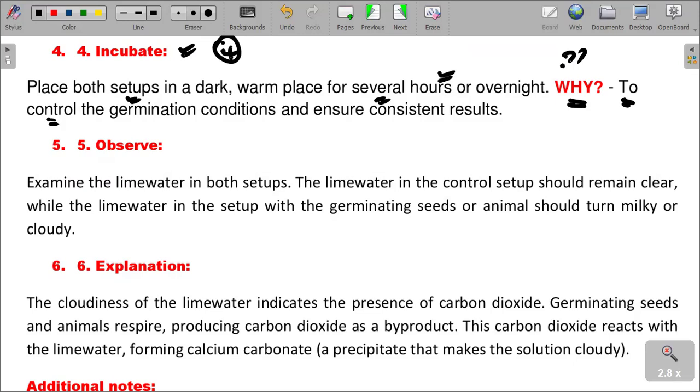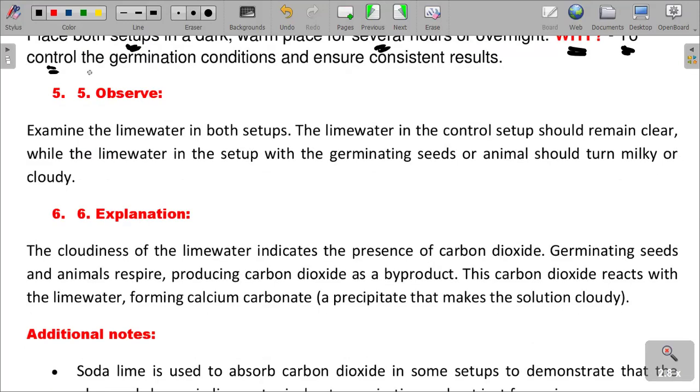So we are presetting conditions for germination. And then number five, examine the lime water in both setups. So the lime water in the control setup should remain clear.